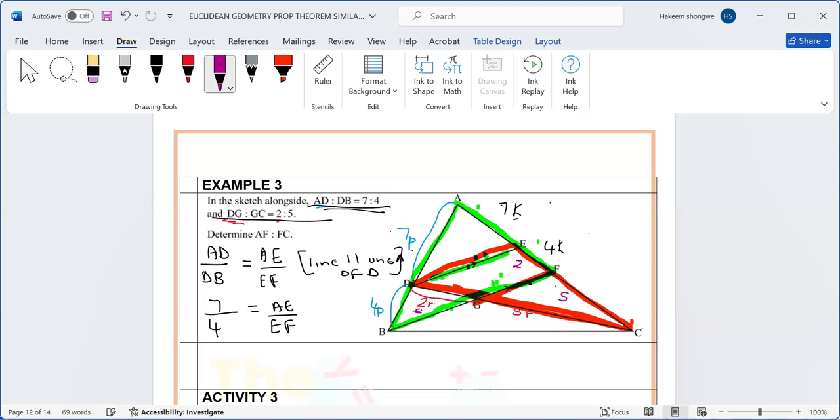But we need to come up with an alphabet for it, because this one and this one are in proportion with one another because of this parallel line here. These parallel lines gave us those two things here. So we have this line which is parallel to this one. So this is 2x, and this is 5x.